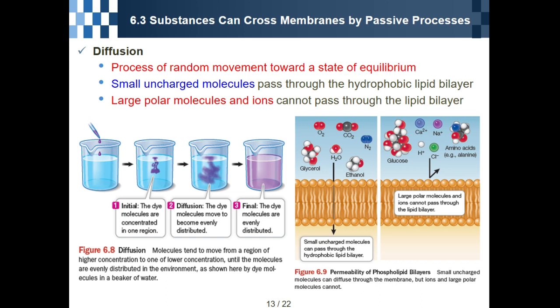For example, small and uncharged molecules, because the phospholipid interior is very hydrophobic, pass through the hydrophobic lipids. However, large molecules, some kinds of ions, and amino acids cannot penetrate the lipid bilayer.